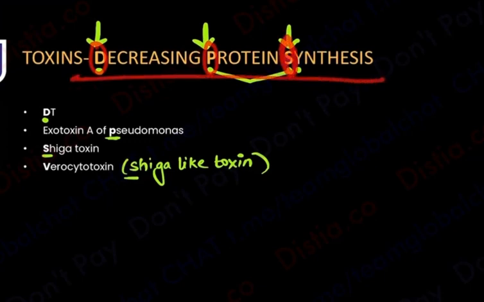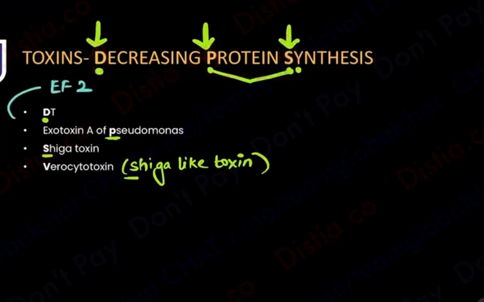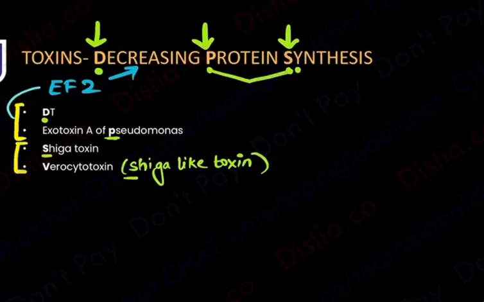They decrease the protein synthesis, agreed. But how do they decrease the protein synthesis? The first two that I've mentioned, did I just tell you that they are going to cause ADP phosphorylation of EF2, so their effect is going to be on EF2? Yes, they inactivate EF2 and that is how they decrease the protein synthesis. The other two, the Shiga ones, are going to act on 60S ribosome.